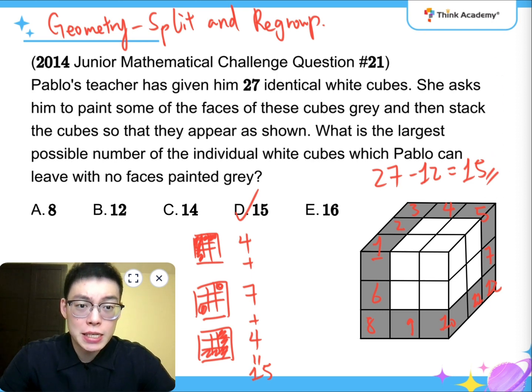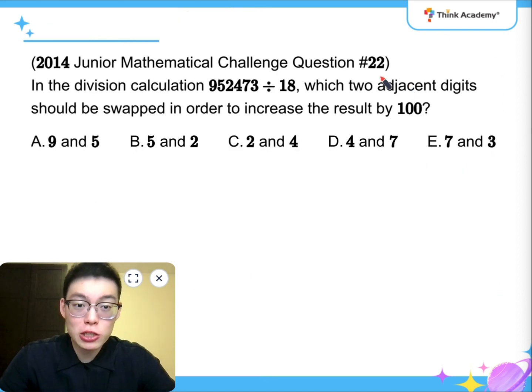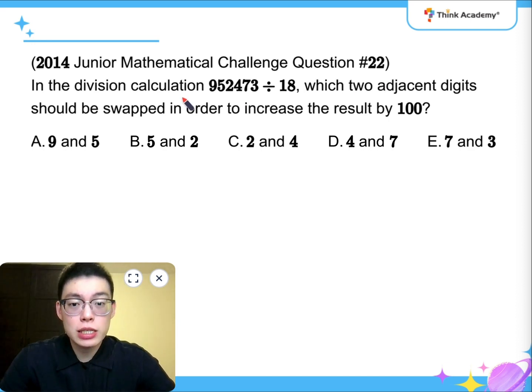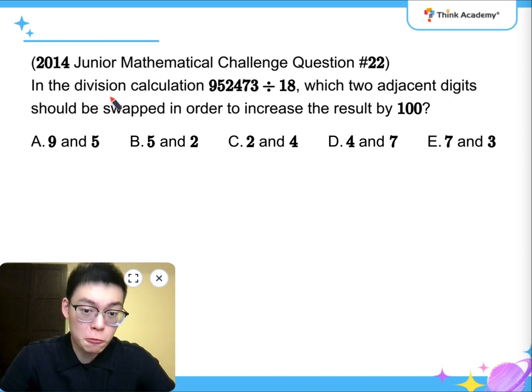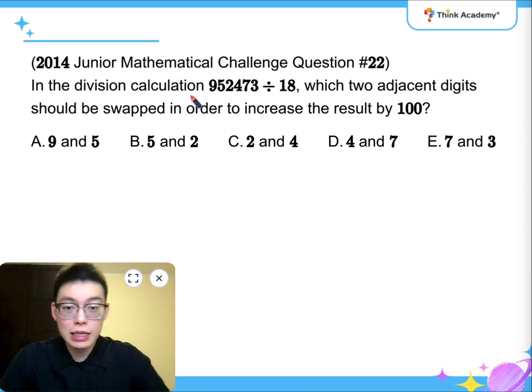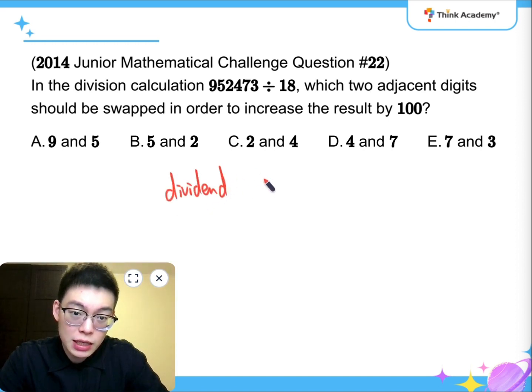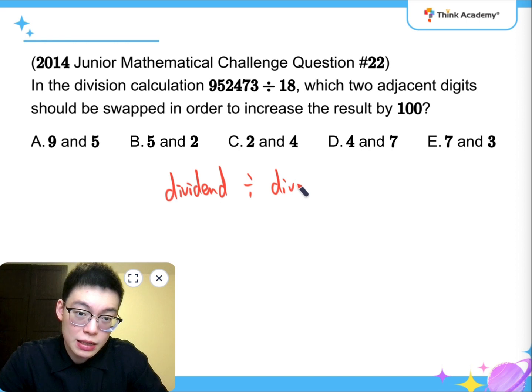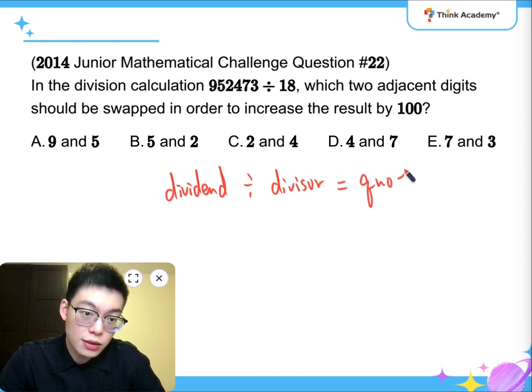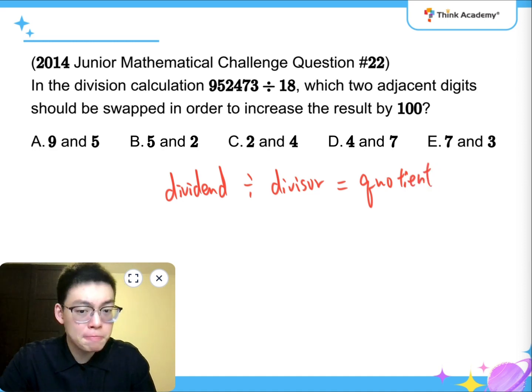Okay, so we are at question 22 now. So this one is again a kind of gift, but I am a little bit surprised that not all of you are doing this right. So essentially, you just need to know how division works. Basically, the division is just the dividend divided by the divisor, and it gives you the quotient, right?